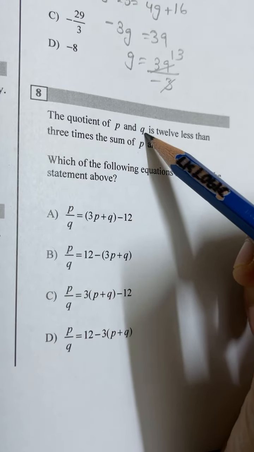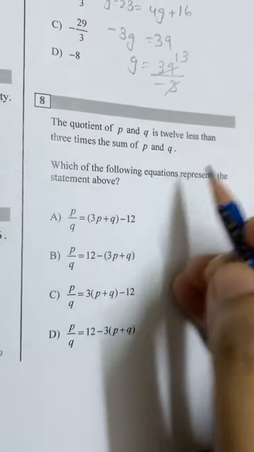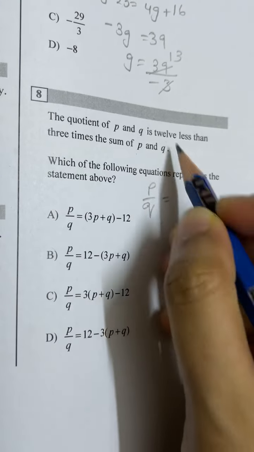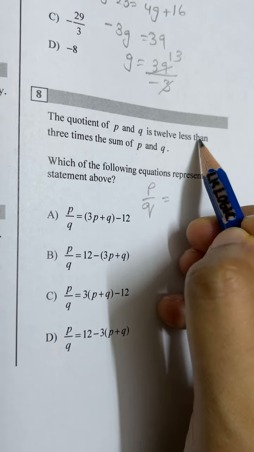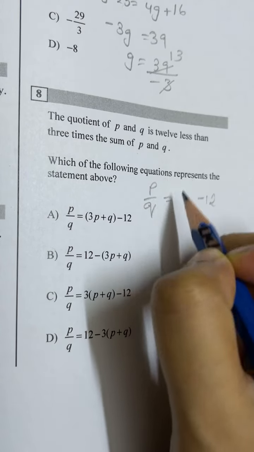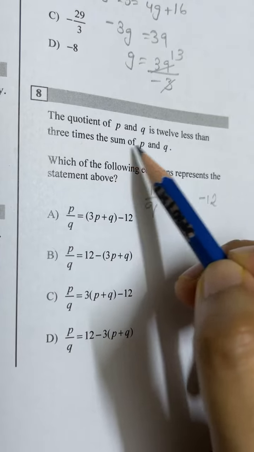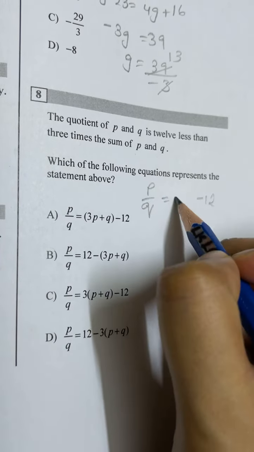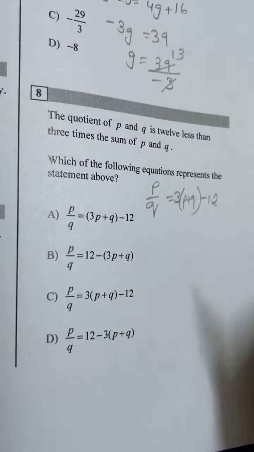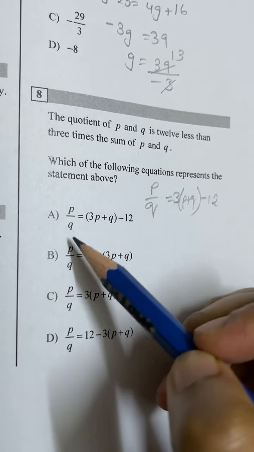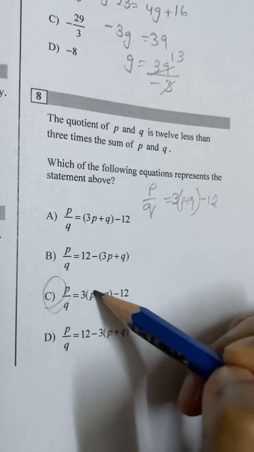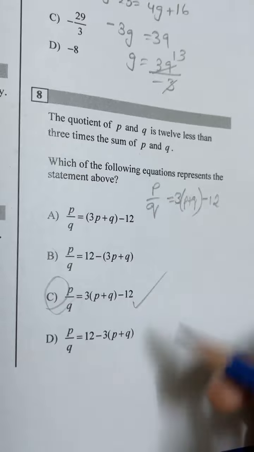That means P over Q. So we have P over Q is equal to 12 less than something. 3 times the sum of P and Q. Sum means addition, that's P plus Q. And where's that option? That's option C. P over Q is equal to 3 times P plus Q minus 12.